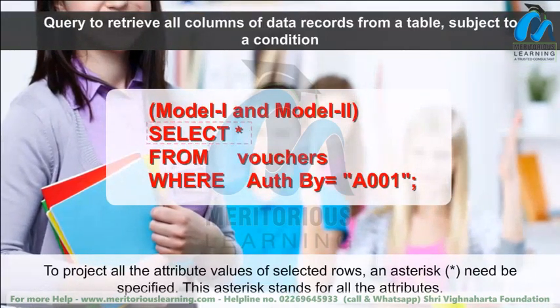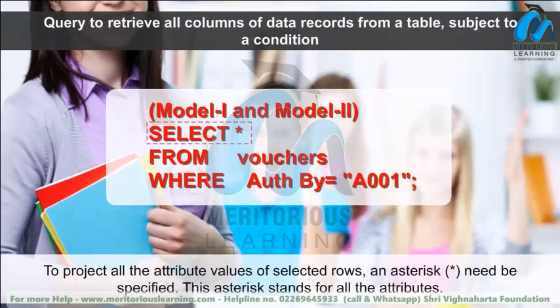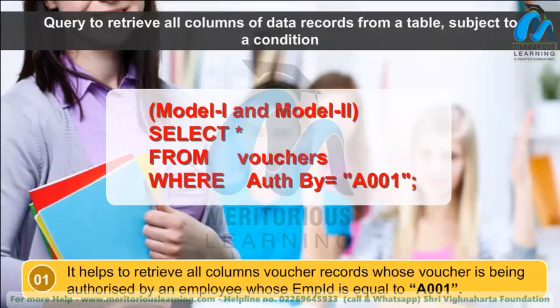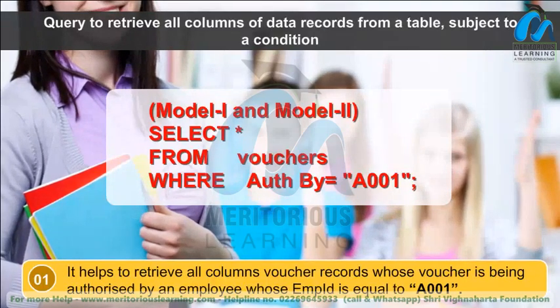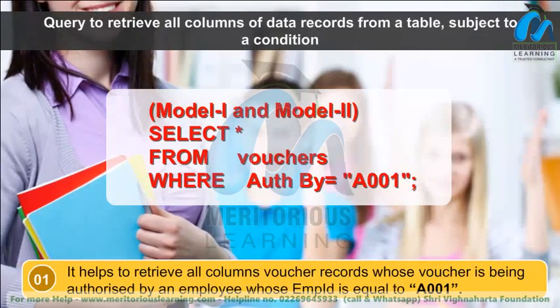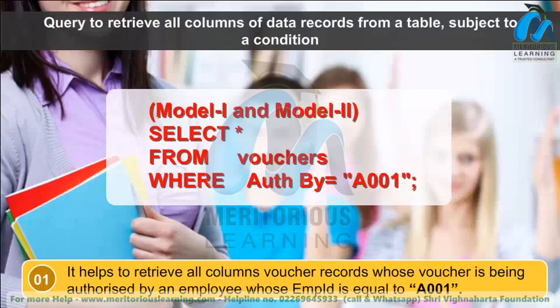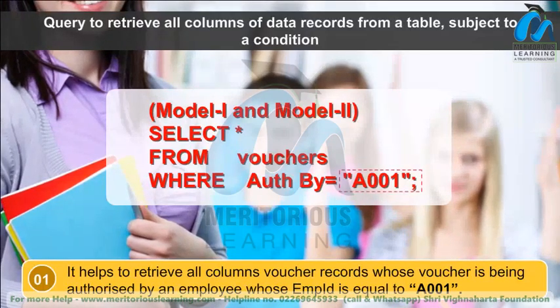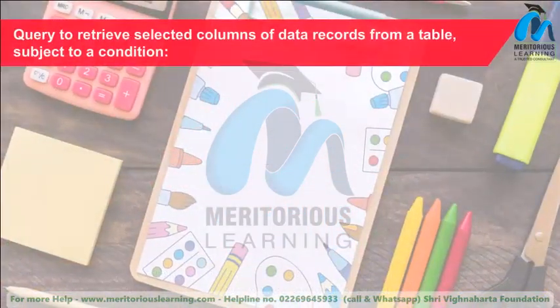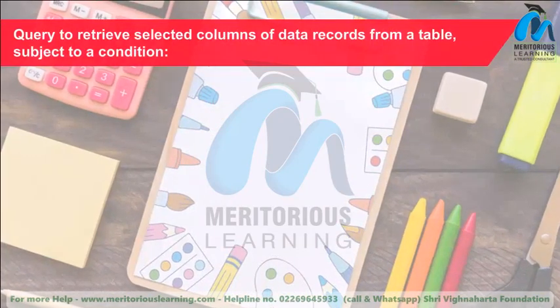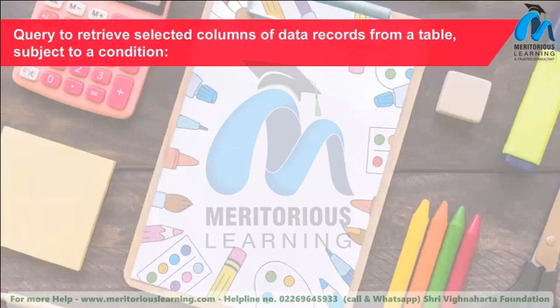This asterisk stands for all the attributes. 1. It helps to retrieve all columns of voucher records whose voucher is being authorized by an employee whose employee ID is equal to A001.